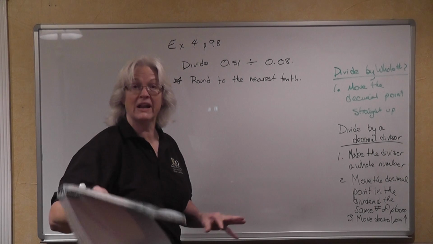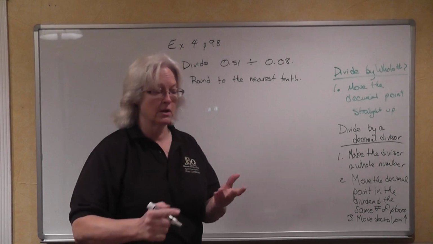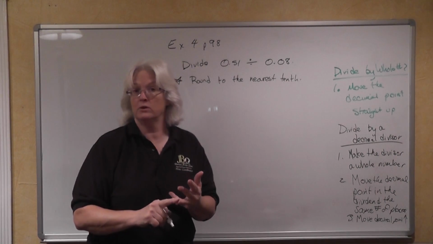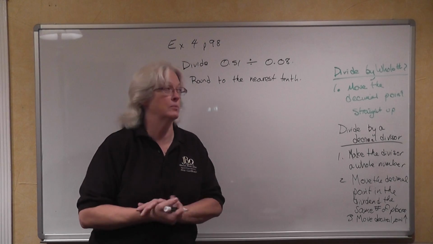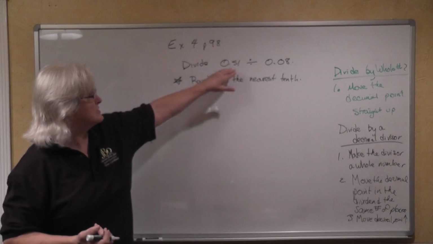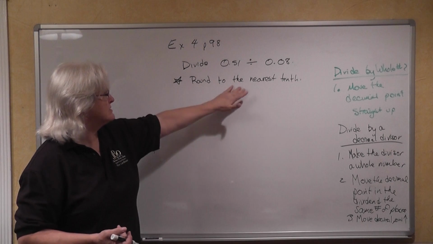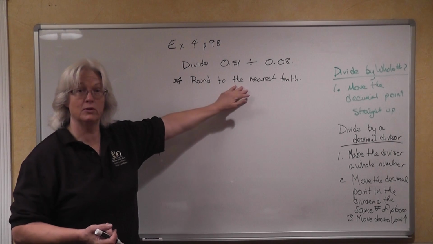When you have a problem and it asks you to do two separate things, you have to do both of those things or you get half of your problem wrong when it comes to a test. First it says divide this number, then it says round that solution to the nearest tenth.